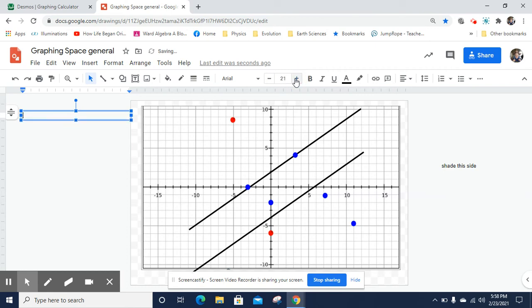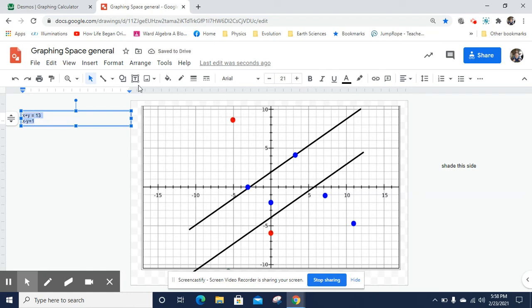So we're going to have x plus y equals 13, and x minus y equals 1. Okay, so I could graph those.